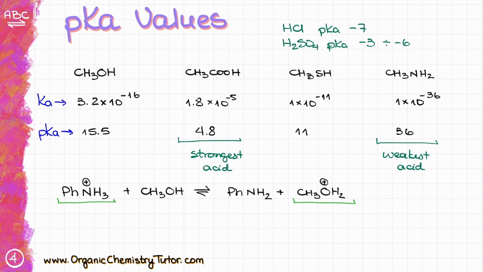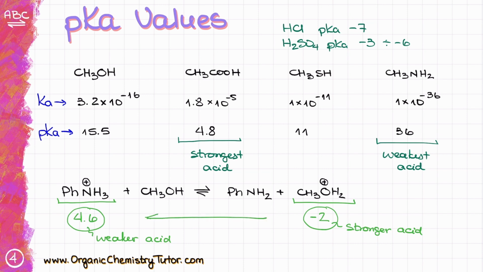If I look up those values in my pKa table, I'm going to see 4.6 on the left side and roughly -2 on the right side. So the one on the right, -2, is a stronger acid, while the one on the left, this 4.6, is a much weaker acid. And equilibrium always favors the weaker acid. So in this case, our equilibrium is going to favor the starting materials.